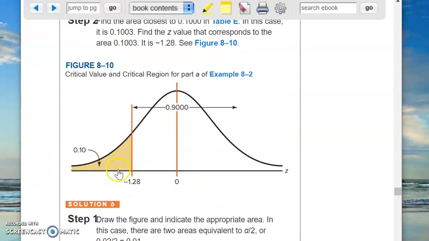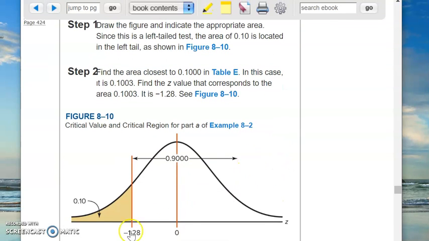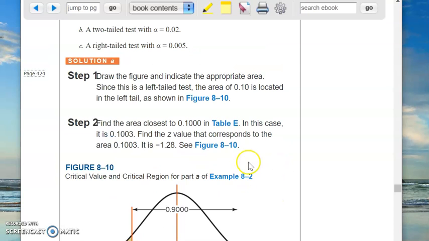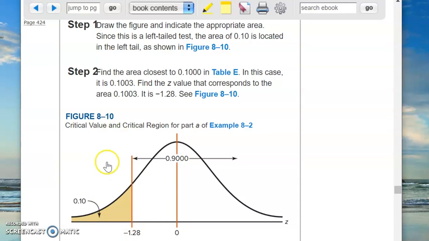All right. So we draw the figure. Here's our cartoon. We draw in our shaded area here. That's the 10% that we can be wrong. What we've got to do is find the Z value such that to the left of that Z value, the area under the curve is 10%. So you look at the table and find what Z value corresponds to an area of 10%. It's not going to be exact.